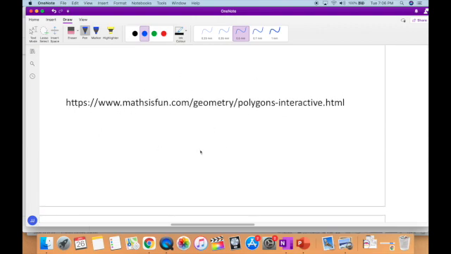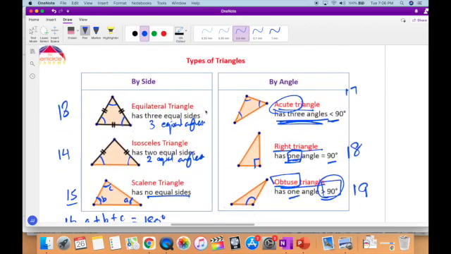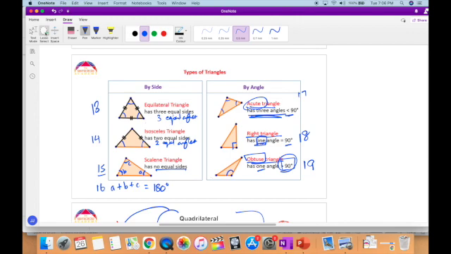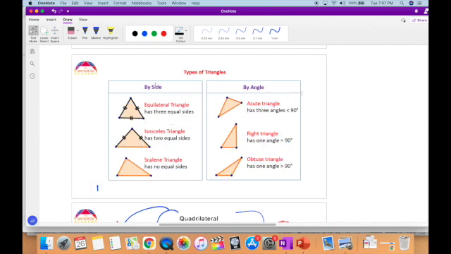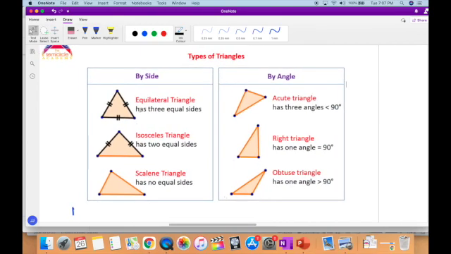You can check out this link over here. That link is pretty good. So a little bit more about triangles now. And let me just erase all of this junk. Now these are all of the types of triangles that you have to know.